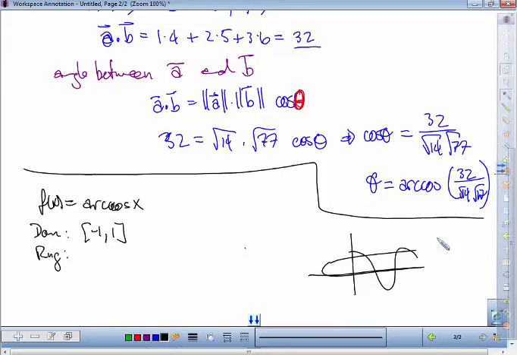Close. 0 to pi? So 0 to pi over 2 stops you here, but then you really want to get as much out of it as you can. So we're going to go all the way to pi. And so that will turn out to be the output for this. So your range is going to be from 0 to pi.